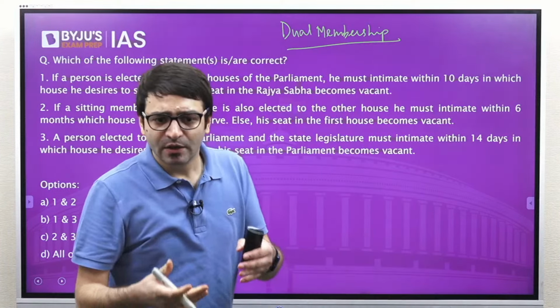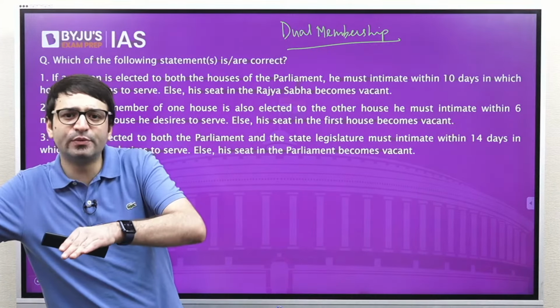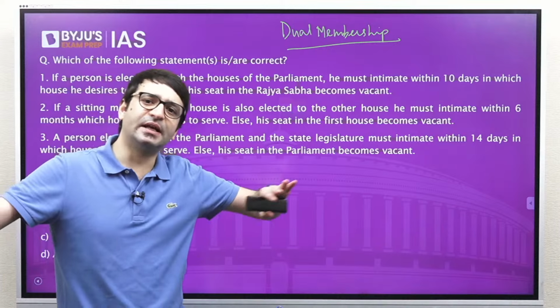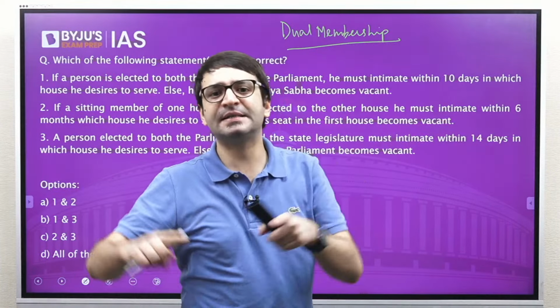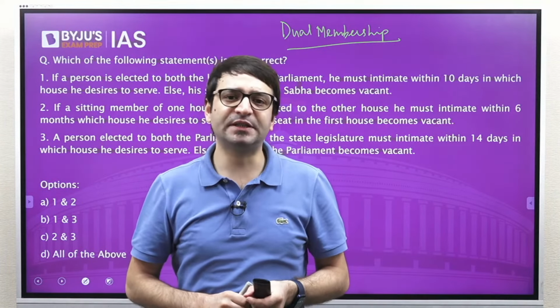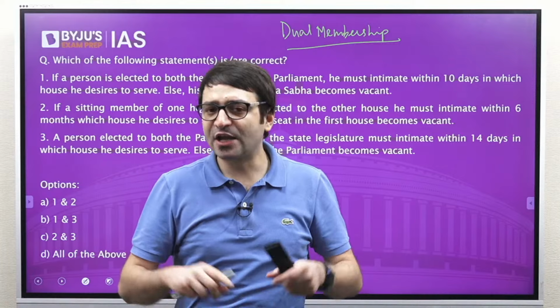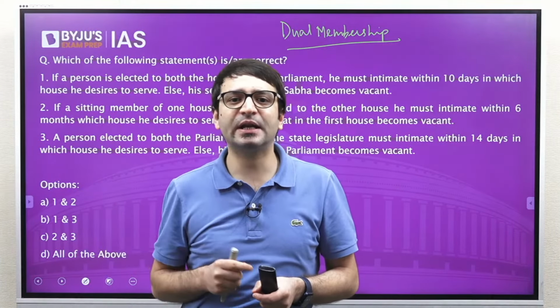In fact, when a person is elected to Legislative Assembly as well as elected to, let's say, Lok Sabha, a Lok Sabha MP is elected to the Legislative Assembly, as soon as possible after the election, he has to communicate as to which house he wants to serve. This is what happened with Akhilesh Yadav.